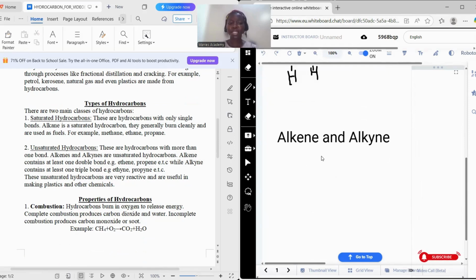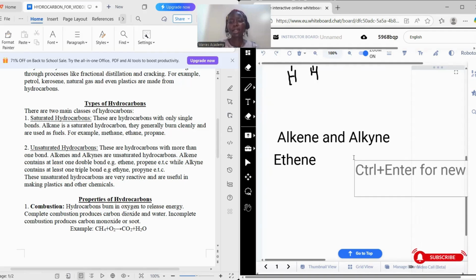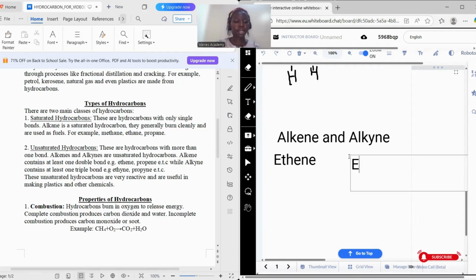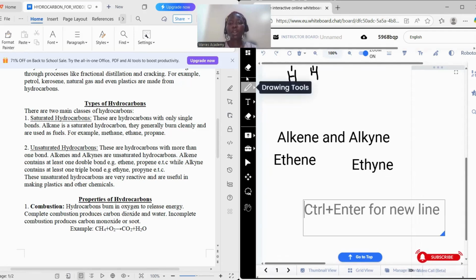Let's give each different examples. Let's write ethene and ethyne.